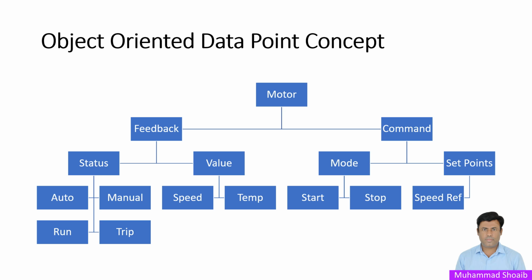So for a motor, we have all these different types of signals whenever we integrate a motor with the SCADA system. These are a few of the tags that we usually use. It can be increased or reduced; it depends on your project.